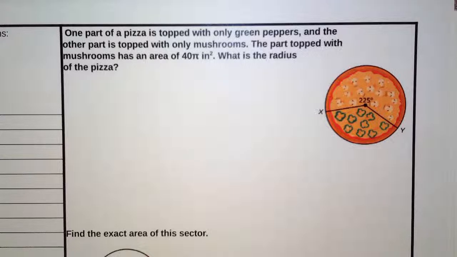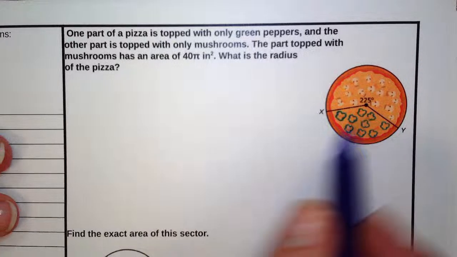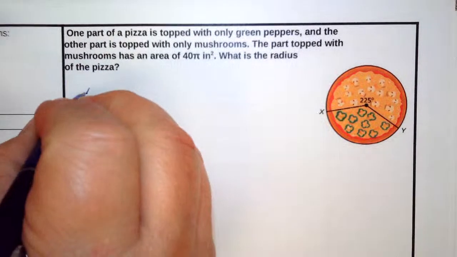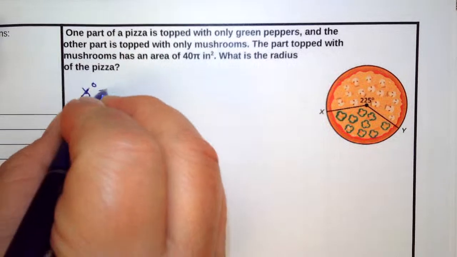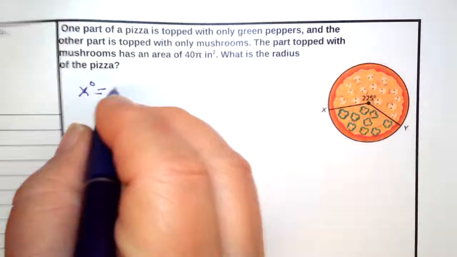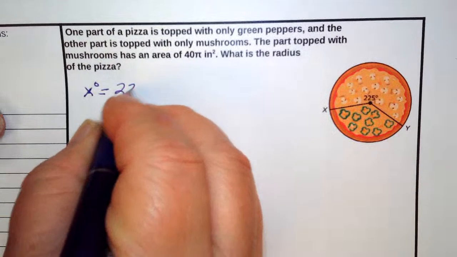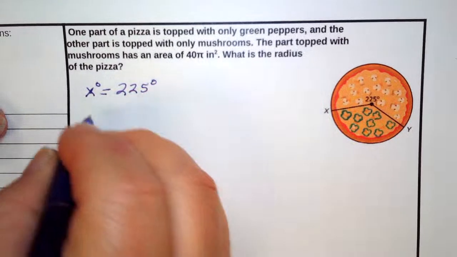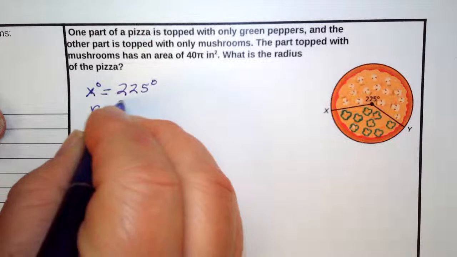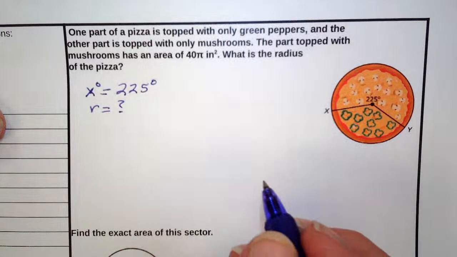So if we're looking at this, what do we do? Well, we use that same formula. We know the x is equal to 225 degrees. Our r is what we're looking for.